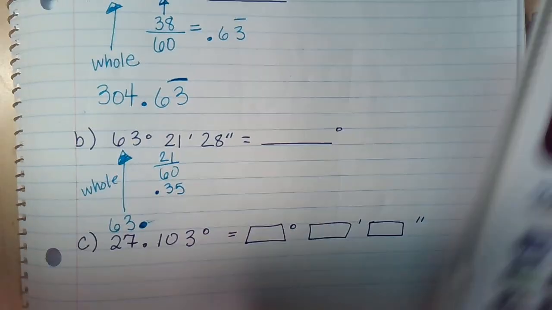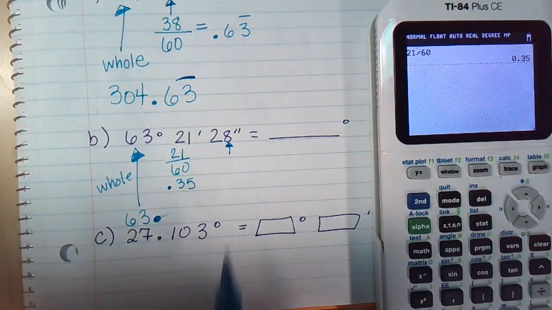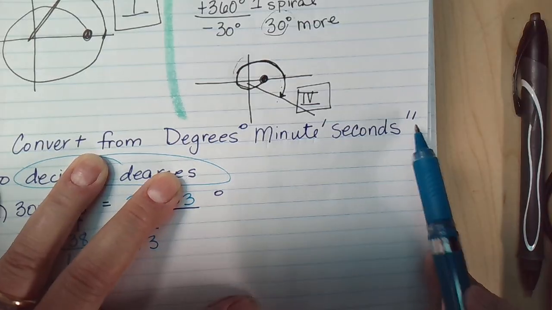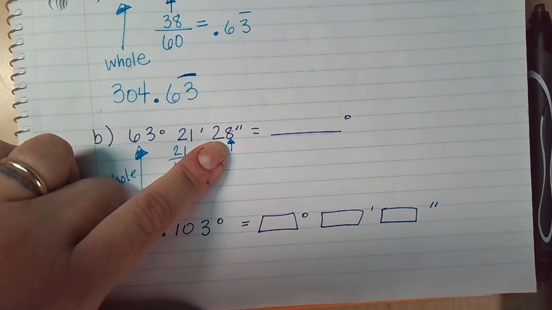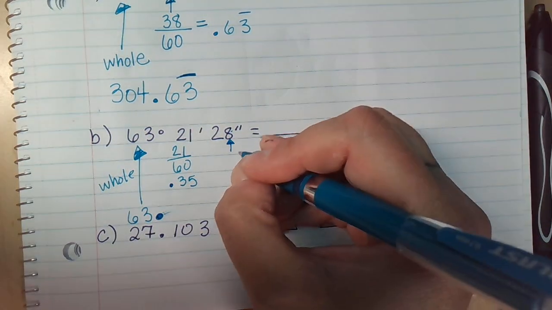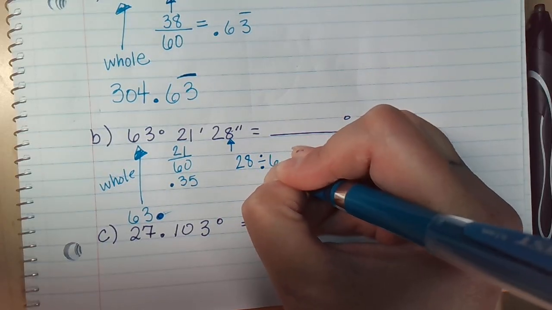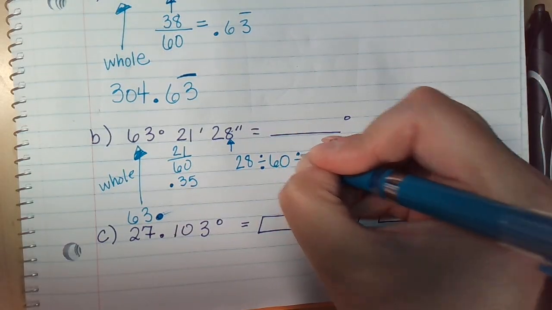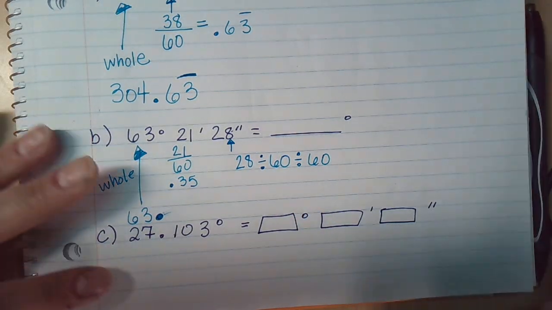Okay. And then now we're going to take this 28 and convert it. This 28 is a double tick, so seconds. If I'm trying to take seconds and convert them into hours, like I did the minutes, then I'm going to divide by 60 for sure. But I'm going to have to divide by 60 twice, or by 60 squared, or by 3600.